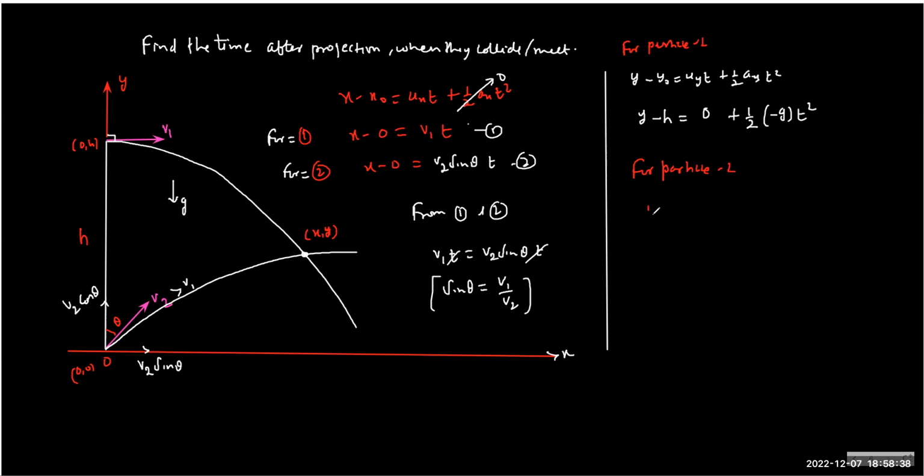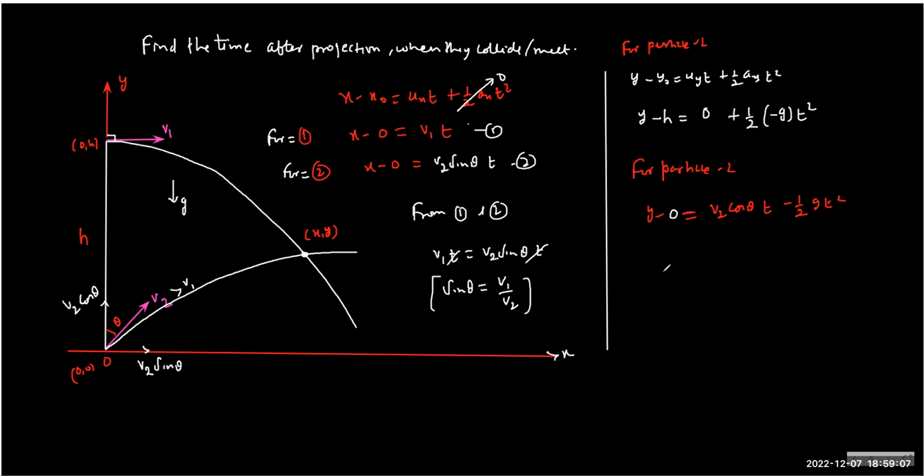So for particle 2, y minus 0, this is 0 only, equals V2 cos theta t minus half g t square. That's simple. So you can just equate it, you will get the answer. So here we haven't used any concept of relative motion. We're just writing the ground frame x value, y value, and equating it.